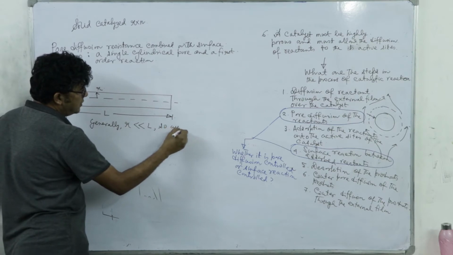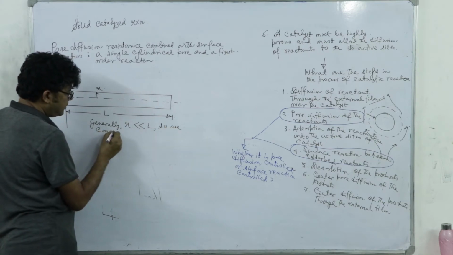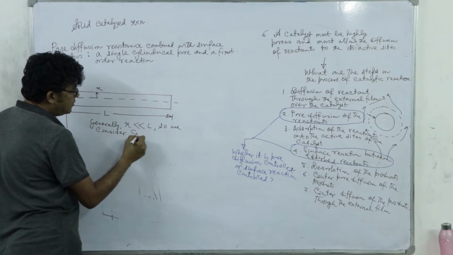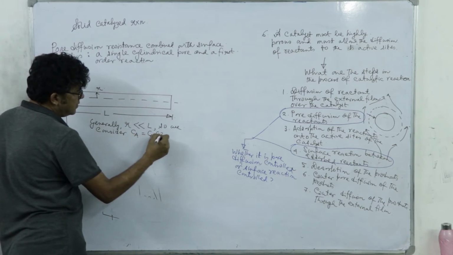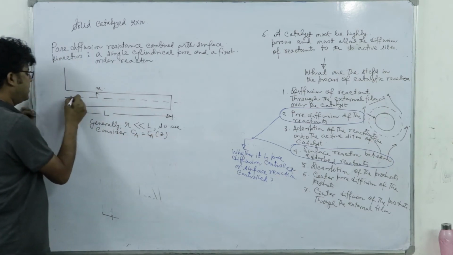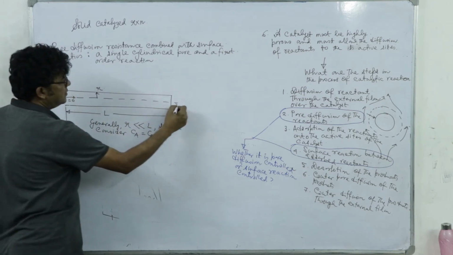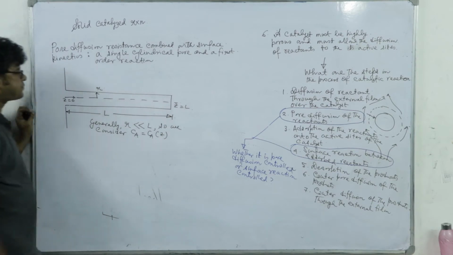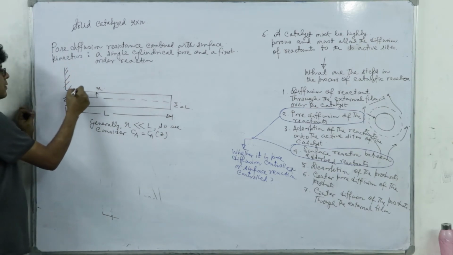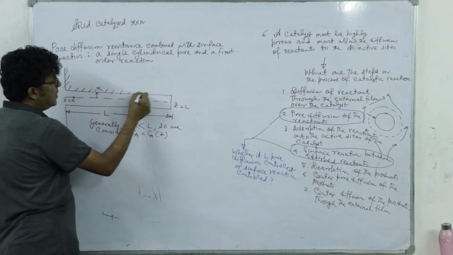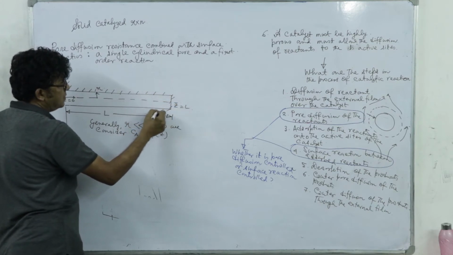So, we consider only axial variation of the reactant, where Z equal to 0 is here and Z equal to L here. So, these are the solid walls where we have the active sites.